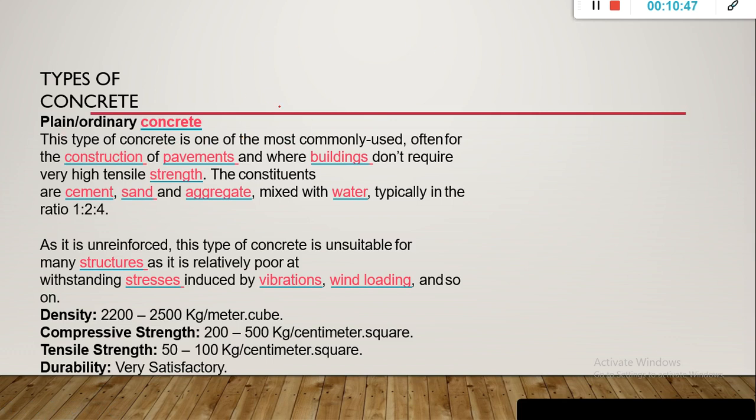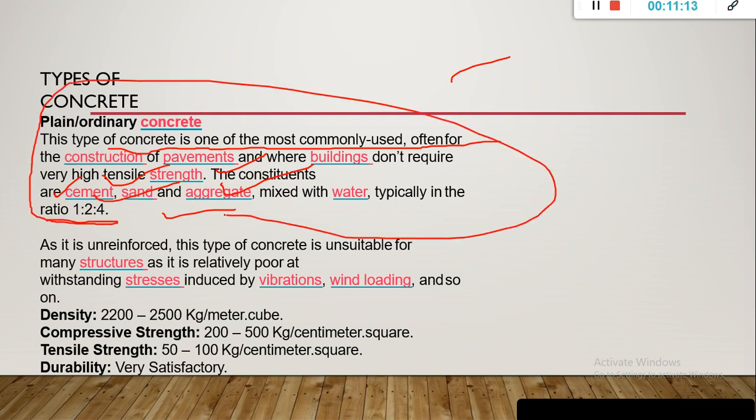Like plain concrete and ordinary concrete. Plain concrete is one of the most commonly used for the construction of pavements, which are used in road construction, where no reinforcement is given. Plain ordinary concrete is used when buildings don't require very high tensile strength. If tensile strength is not required, then we provide ordinary concrete. Here cement and aggregate are used, and the ratio for plain ordinary concrete is 1:2:4. Remember, as it is unreinforced, this type of concrete is suitable for many structures, as it is relatively poor at withstanding stress and induced vibration, wind loadings and so on.